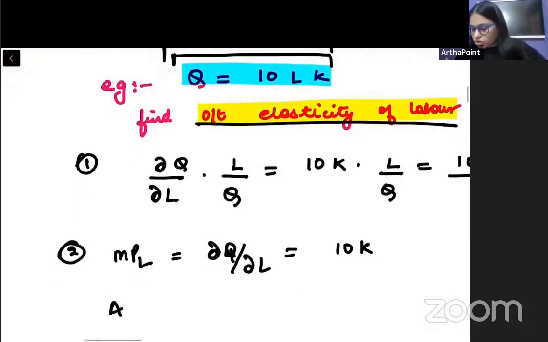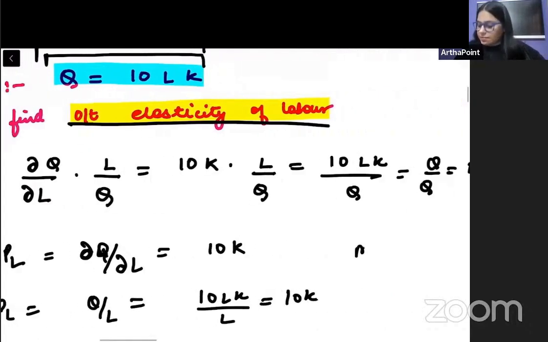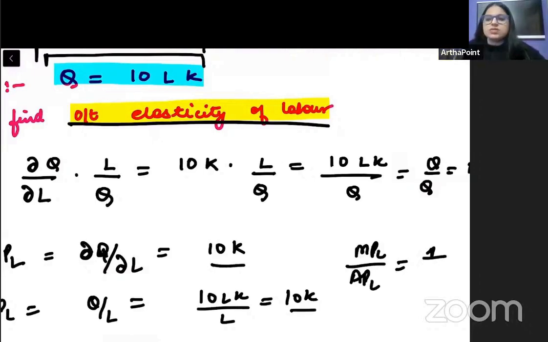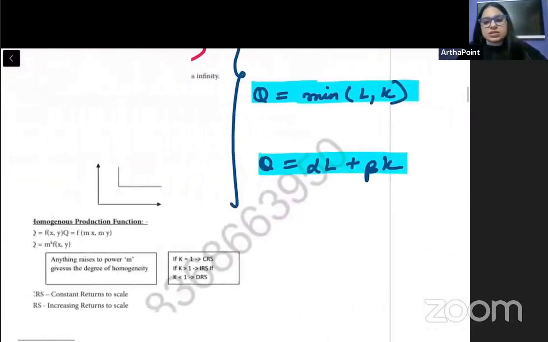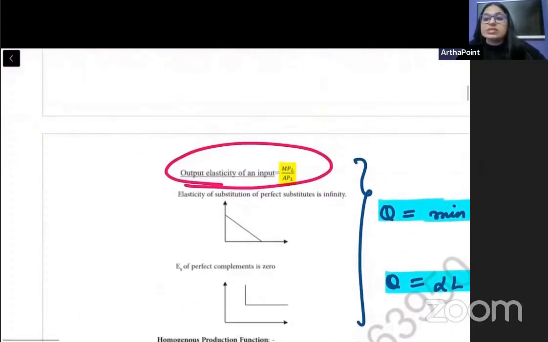What will be average product of labor? Output divided by labor. This will be 10LK divided by L. That means 10K. So what will be MPL by APL? It will be 1. Divide this by this. You will get the same answer. So both of them are giving you the same answer.